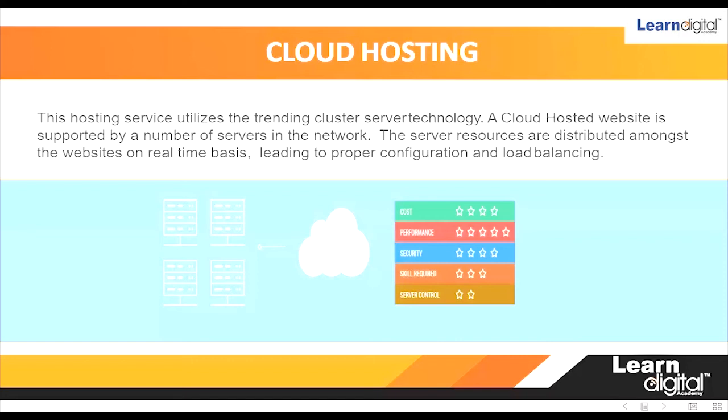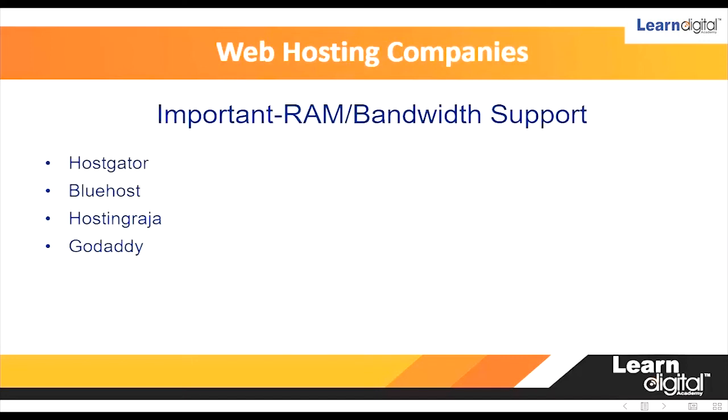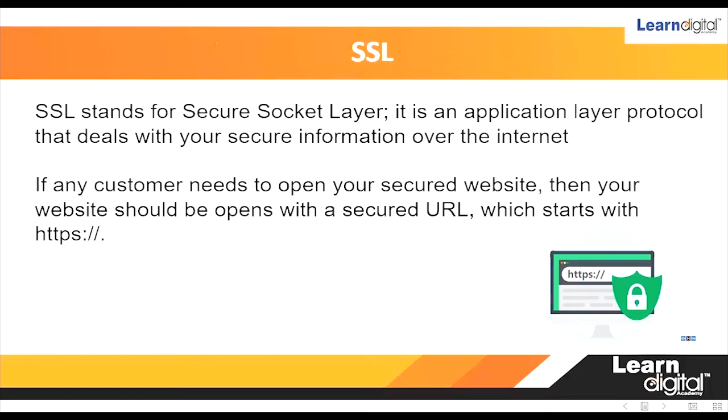In case the second server fails, the third server takes the backup, right? So in cloud hosting the servers are interlinked with each other. Here we can see web hosting companies like HostGator, Bluehost, Hosting Raja, GoDaddy. If we simply search in Google, we'll be able to see the list of hosting websites.